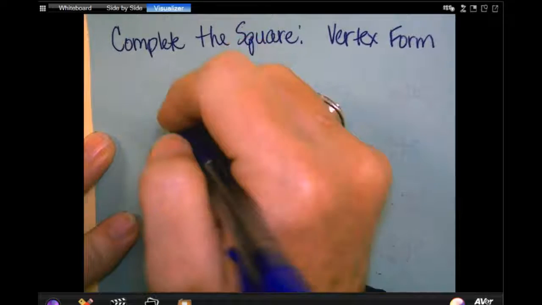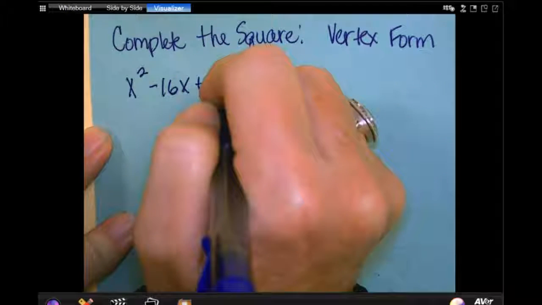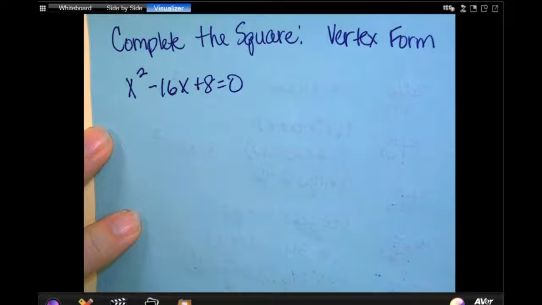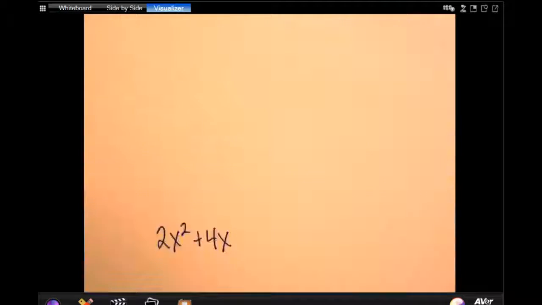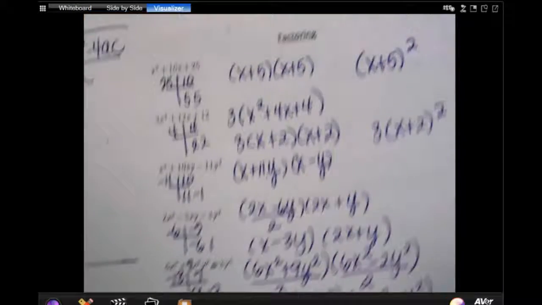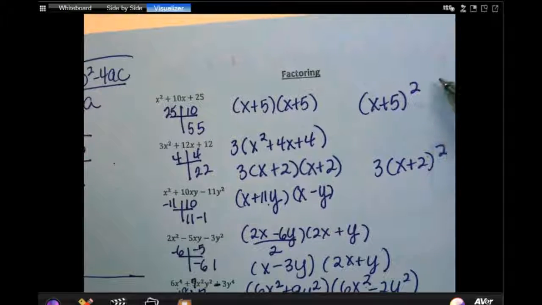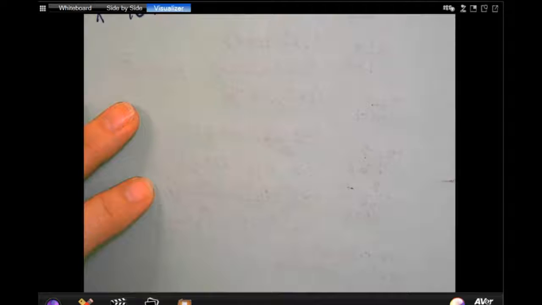So if this is the problem, the goal in completing the square is I want to get it in perfect square form. That's my goal. Okay? And this is how I'm going to do it.